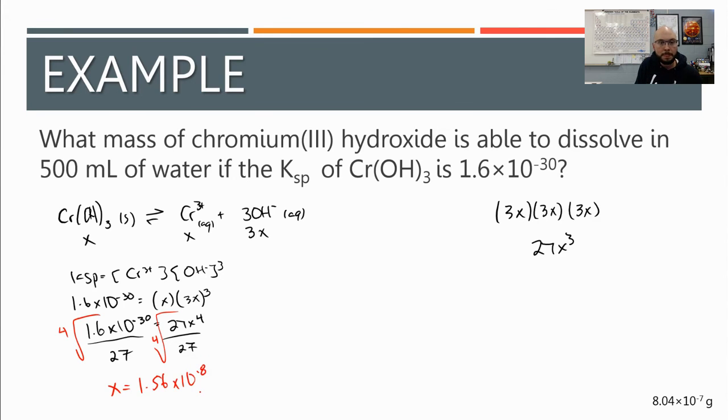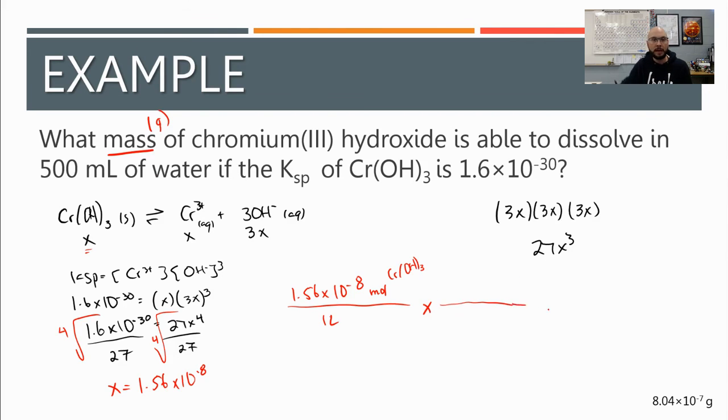What this means, X represents, is 1.56 times 10 to the negative 8 moles per liter, and I'll even write this, moles of Cr(OH)3 dissolve in 1 liter. But the question is asking us in mass, which is in grams. So I can convert moles to grams using the molar mass from the periodic table.